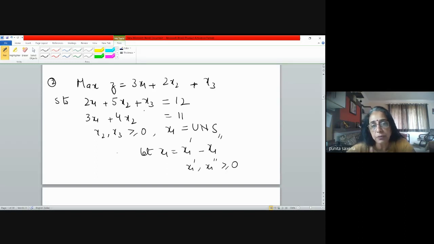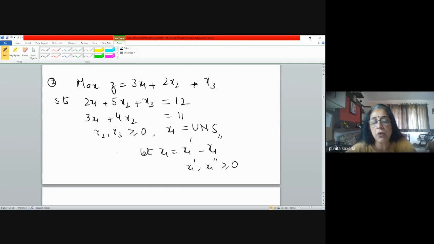But if you have a bigger problem, or more constraints, still you can, at a glance, see whether any of the existing decision variables are contributing towards the identity matrix part or not. If I look at my x3, the column corresponding to x3 is going to be 1, 0. So I already have my one basic variable.